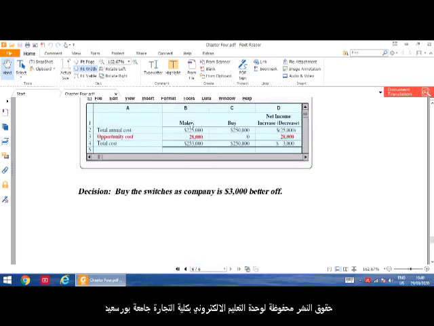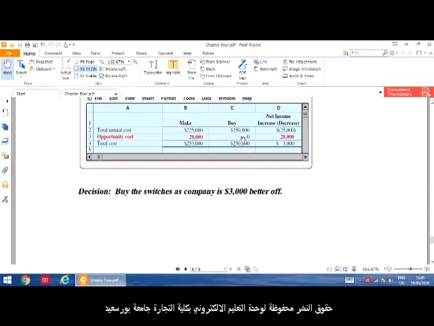Here, under the first alternative, make: 225,000 total annual cost, adding opportunity cost, so total cost will be 253,000. And buying: 250,000, zero opportunity cost, 250,000 total cost.